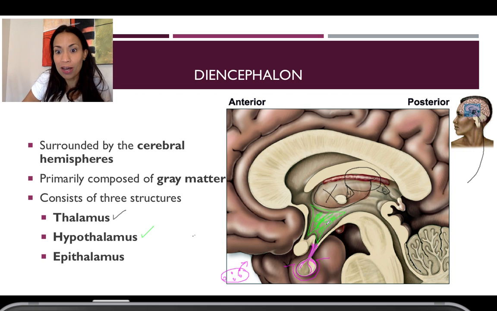But if I block a hormone in the hypothalamus, it will block the production of hormones by the pituitary gland that stimulate the ovaries, for example. But instead of ovaries, it can be thyroid, it can be testes, it can be adrenal gland, and other glands. Okay, that's one of the most important functions of the hypothalamus.